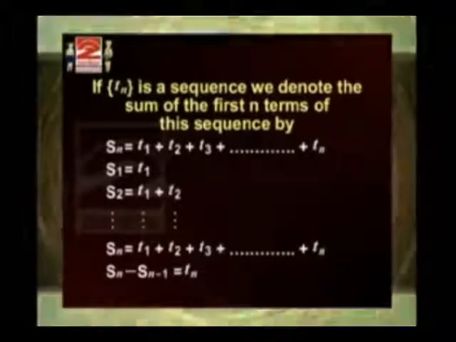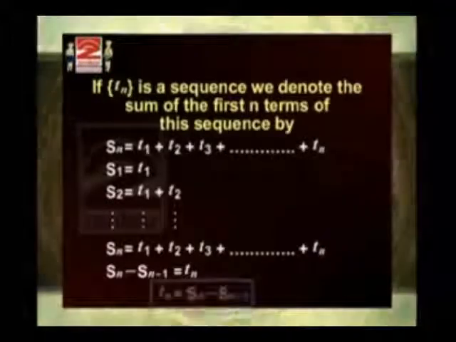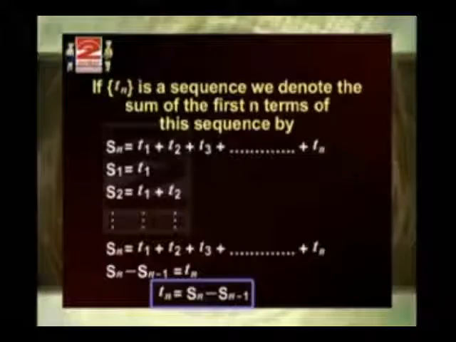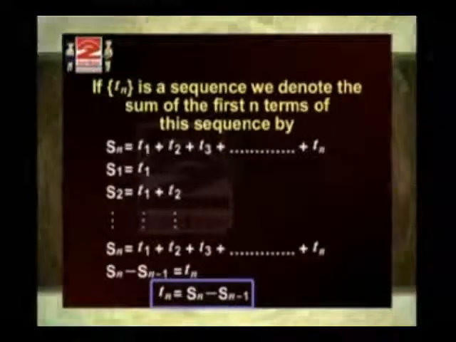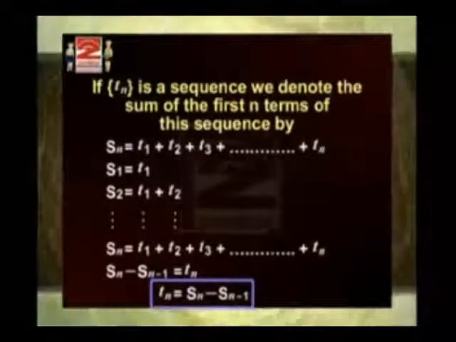And therefore, Sn minus Sn minus 1 is equal to Tn. And therefore, Tn is equal to Sn minus Sn minus 1.